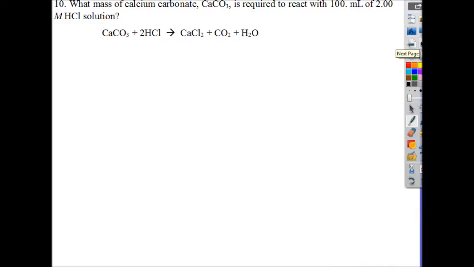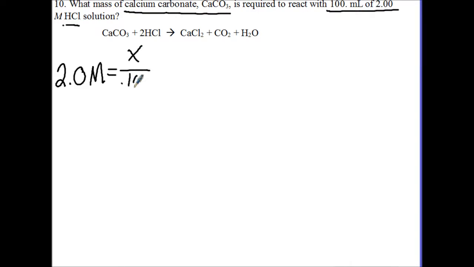Last question. We have a molarity and volume of one reactant, HCl, and we are looking for the mass of another reactant. So we'll just start this one just like any other. 2 molar equals X over 0.100 liters.